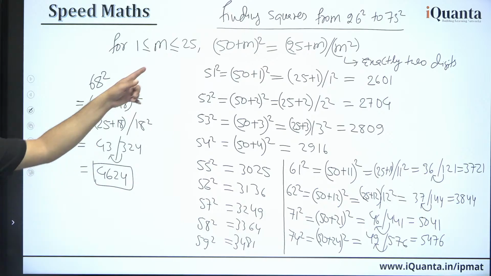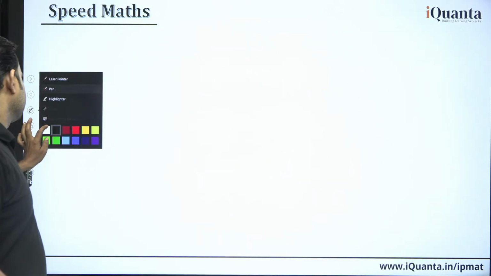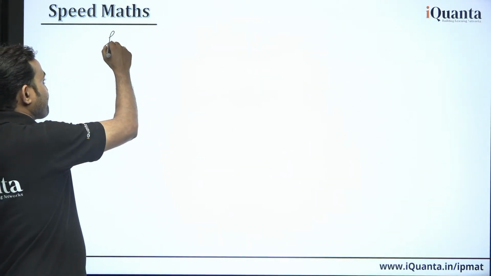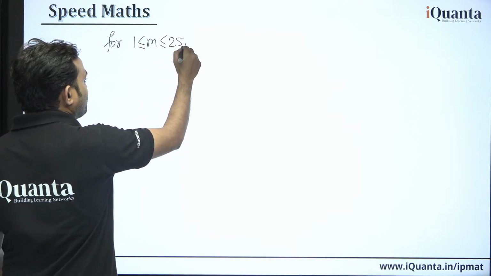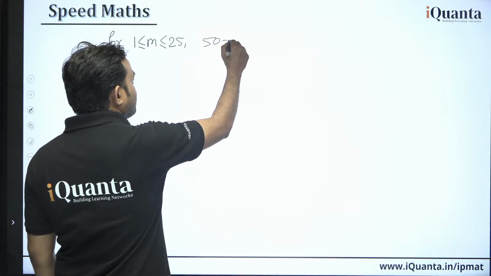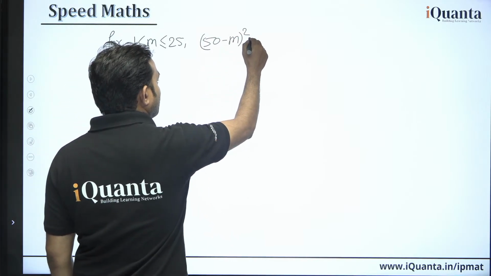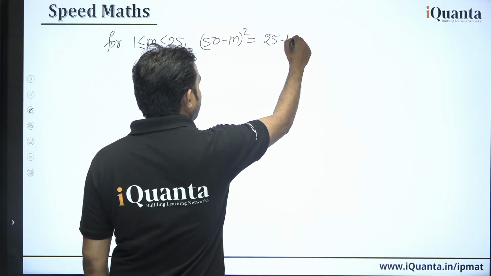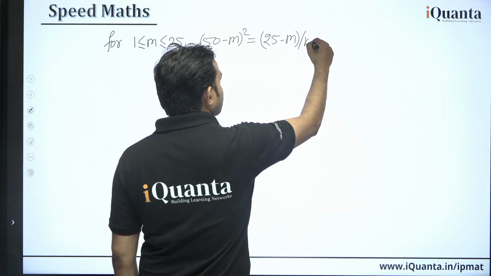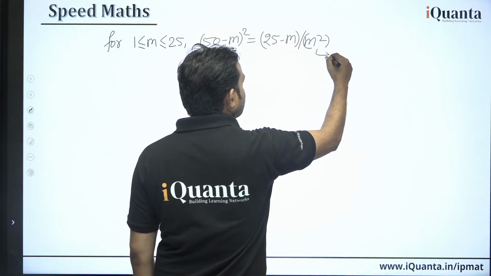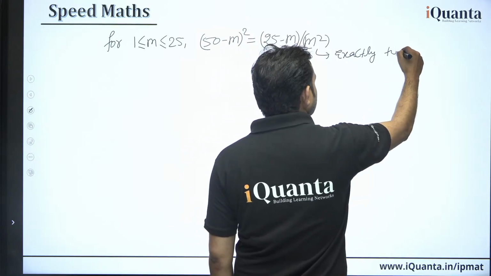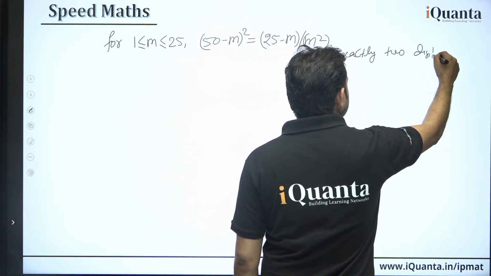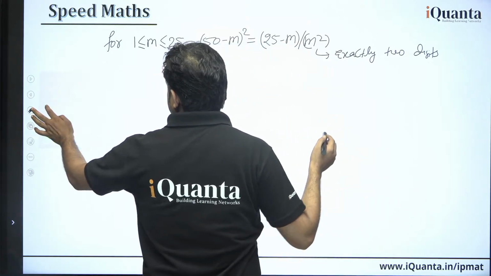Now if this was plus, we can find when it's minus. So what we can say? For m greater than or equal to 1 and less than or equal to 5, 50 minus m whole square will be equal to 25 minus m, followed by m square, where m square will have exactly 2 digits. It's the same thing.